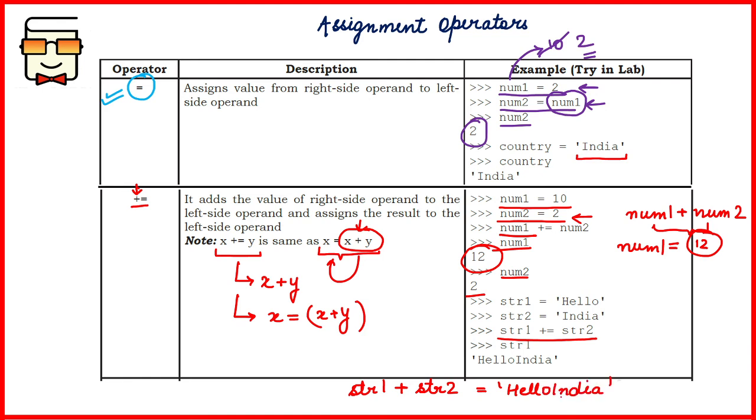That means the second string would follow the first string, and this entire new string would be assigned to str1. So when you print str1, you get the value Hello India.